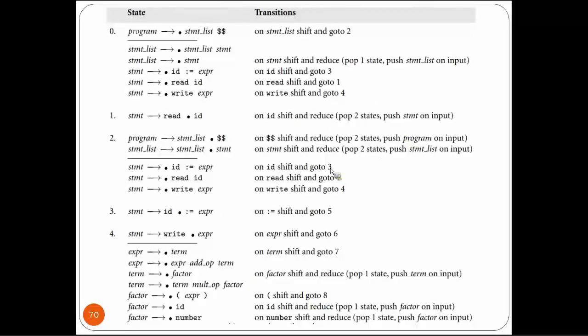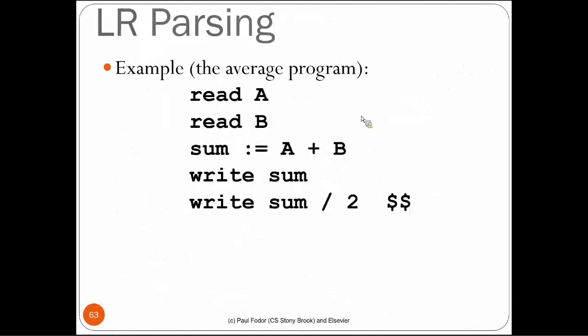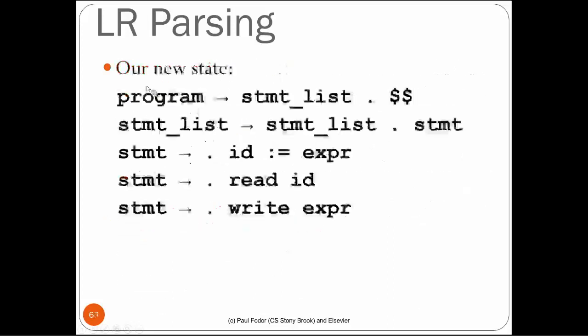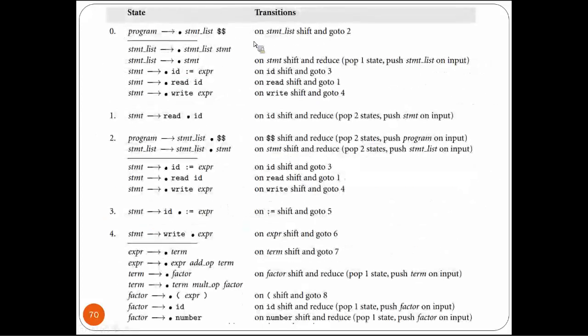So again, we are going to shift because we identify another read statement. We read the next ID. We read in our program, we read B next. And here we have the current state of the program and the transitions. So for instance, in this case, we had the closure first constructed.